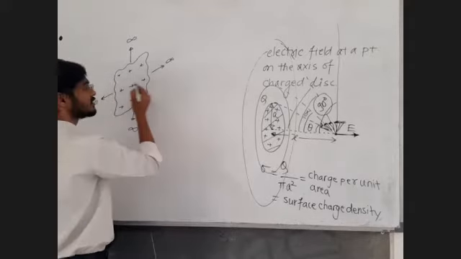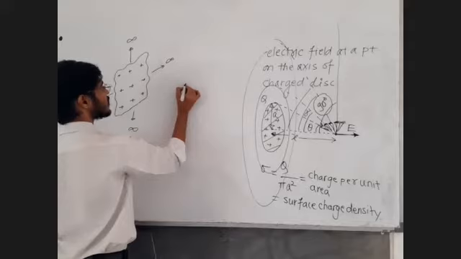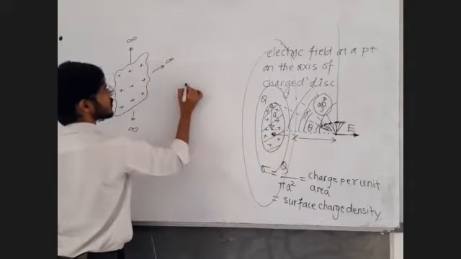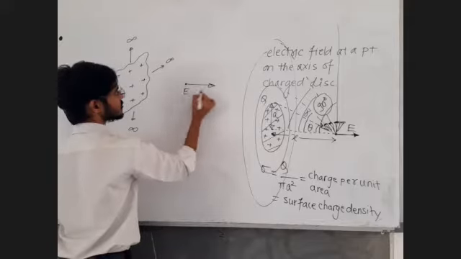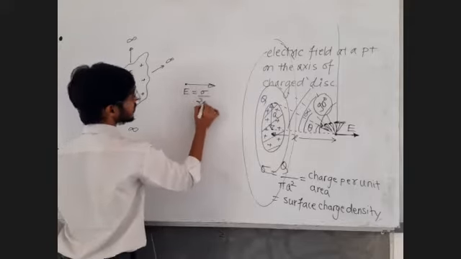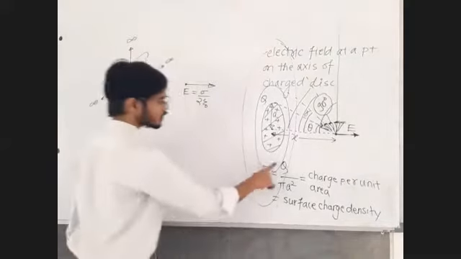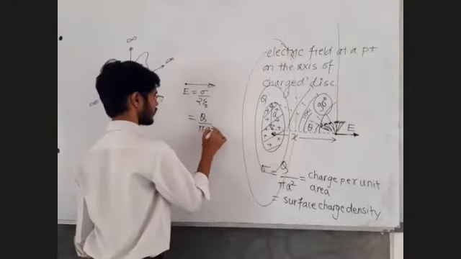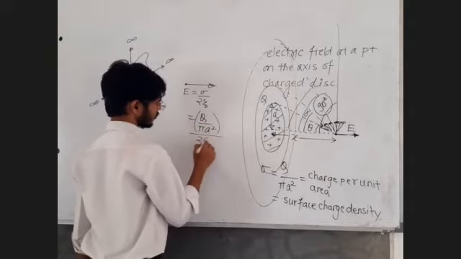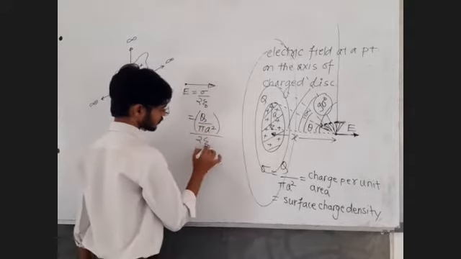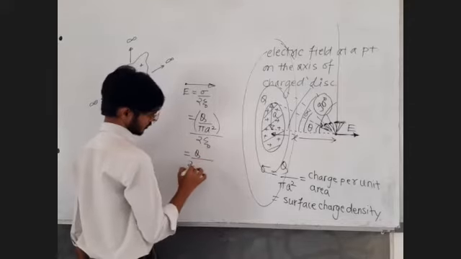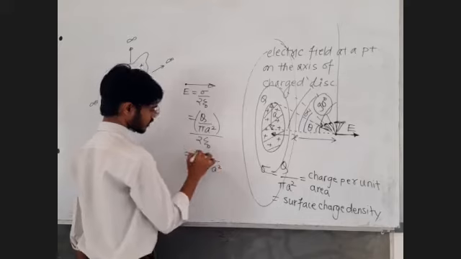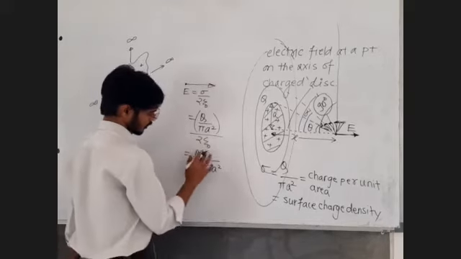At any point, what is the formula of electric field? The electric field should be away from the system because the system is positively charged. The formula is sigma upon 2 epsilon 0. But what is sigma? Sigma is charge per unit area, Q upon pi a squared.